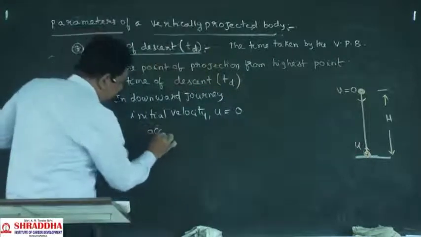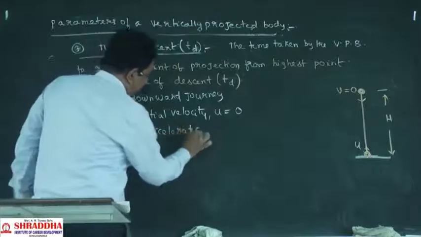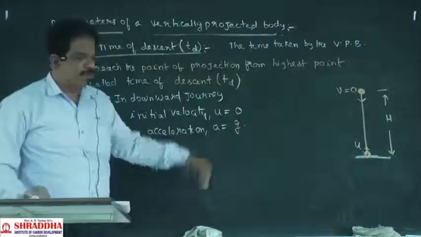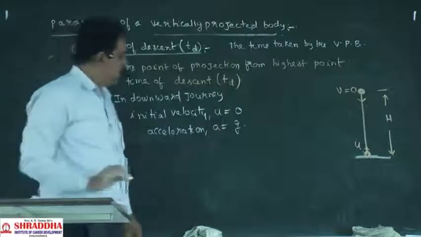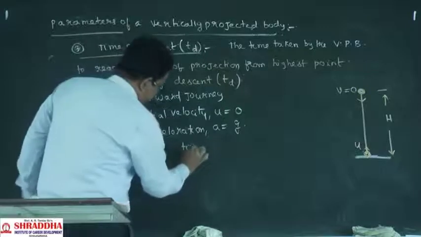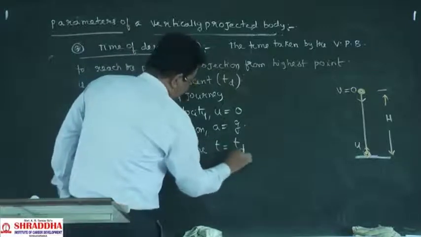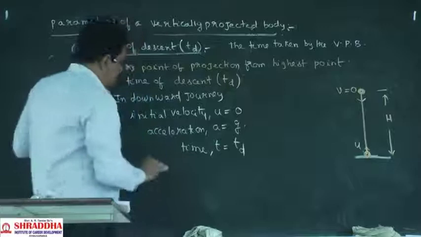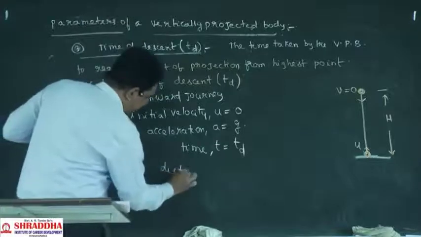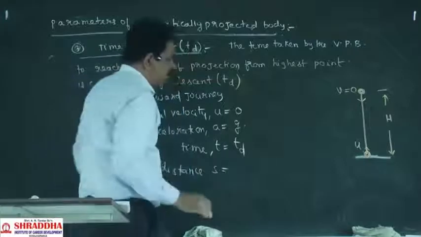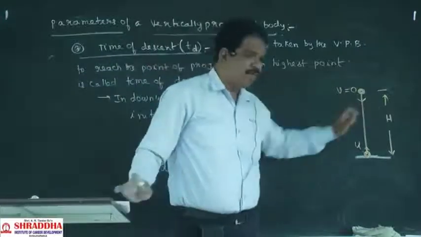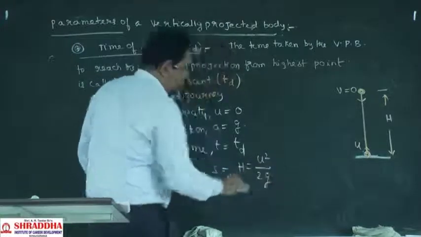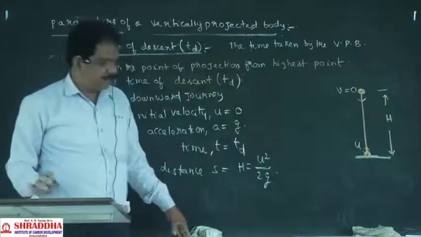So acceleration is equal to g, because it is moving towards the earth. Time is indicated by the letter t, here it is td. What is the distance? s is equal to, from here to here, the value will be h, which is equal to u square by 2g.